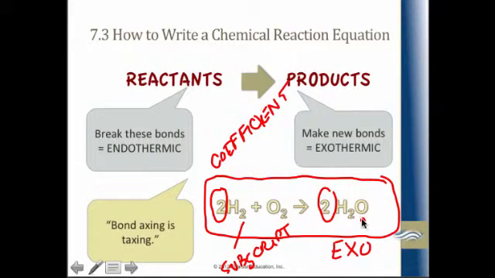In contrast, this coefficient 2 says 2 hydrogen gas molecules combine with 1 oxygen gas molecule to make 2 water molecules. We're going to gain some experience in balancing reaction equations and placing coefficients.